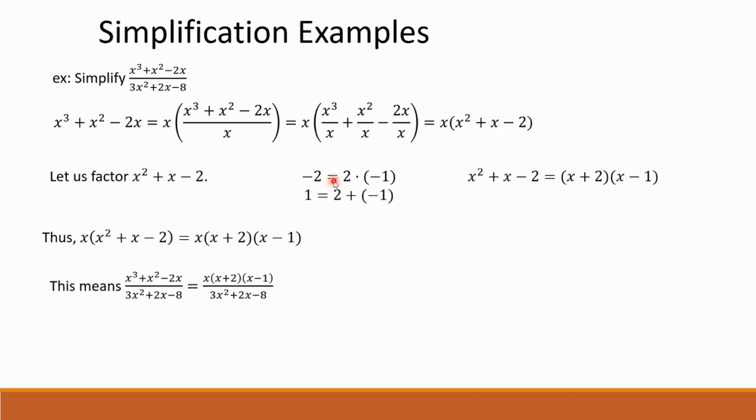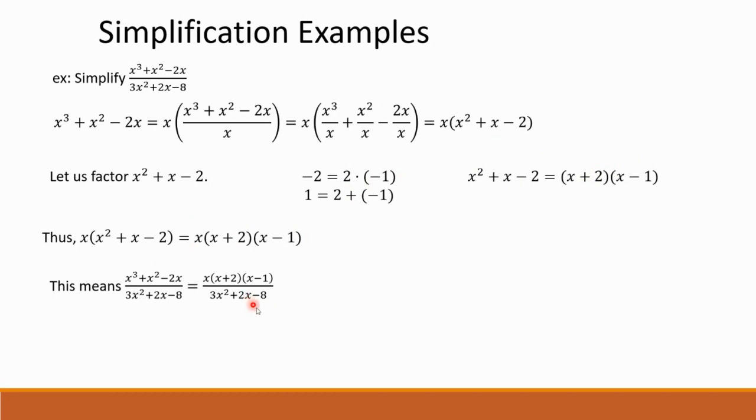Their product is -2, and the sum is 1. So from here, we're going to have x plus 2 times x minus 1. So when we substitute that, the top factored completely is x times x plus 2 times x minus 1. That's what we get.